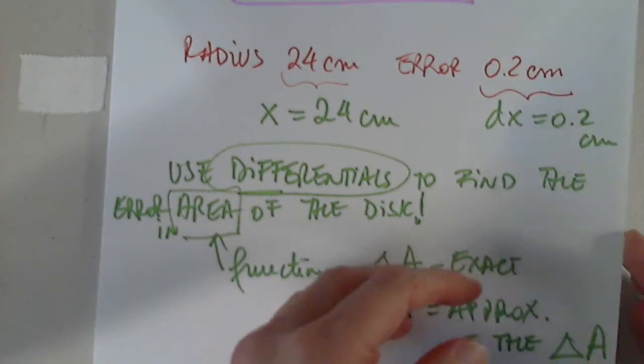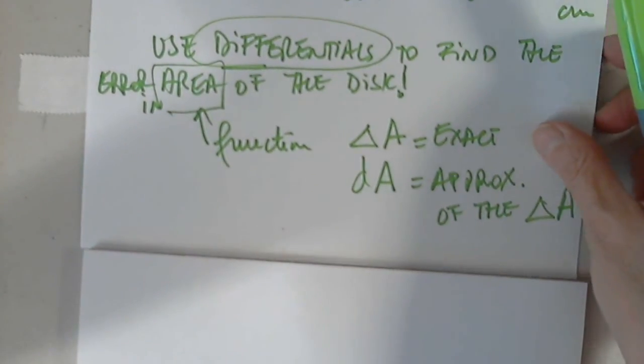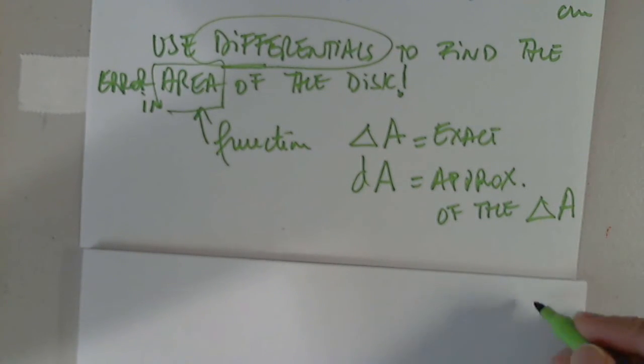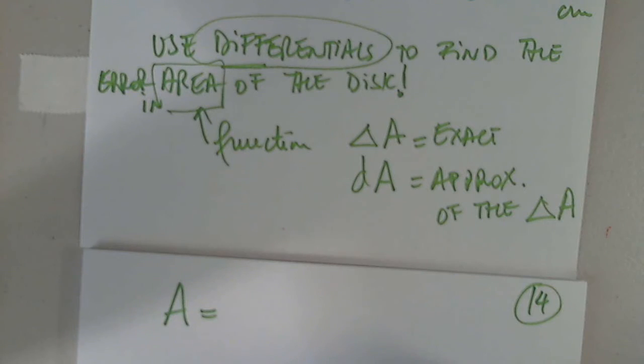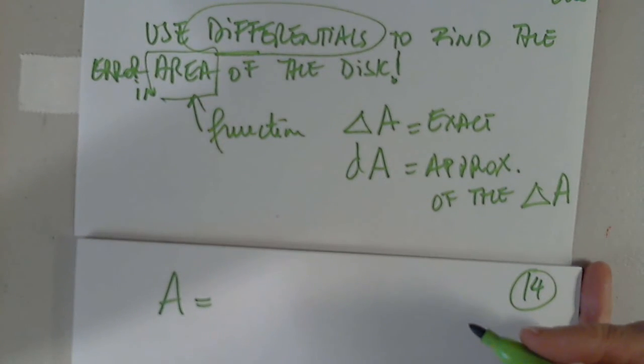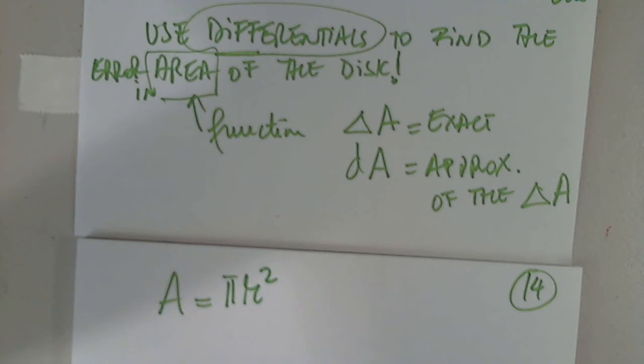So fine, I have to start with a function. Can anyone give us the area of a disk? Pi r squared. Thank you very much. Perfect. And now I can ask 2 different things.